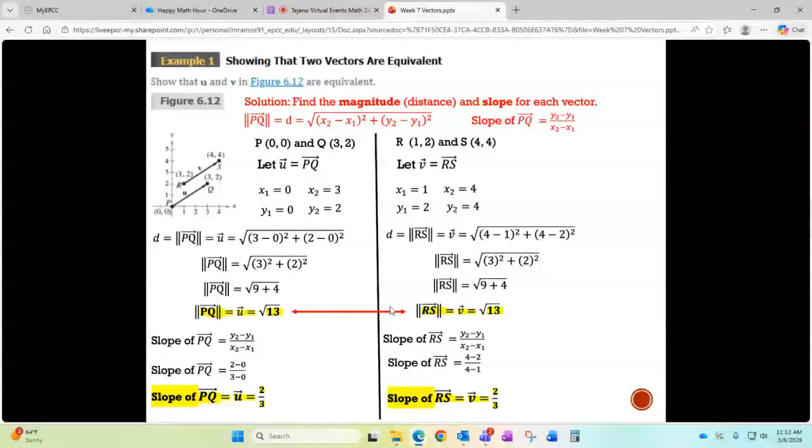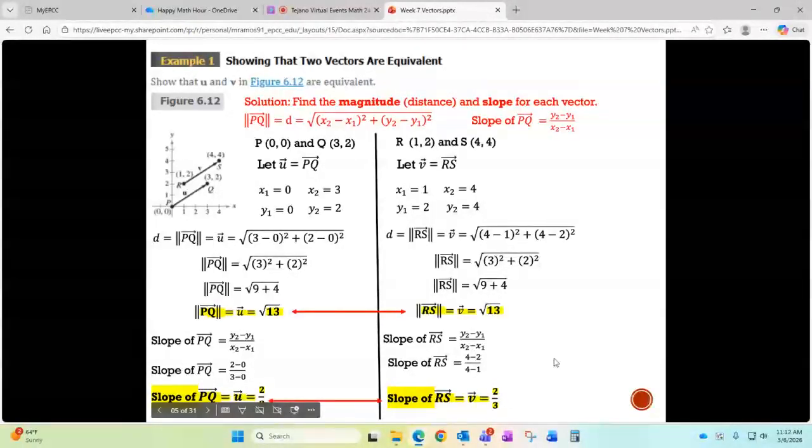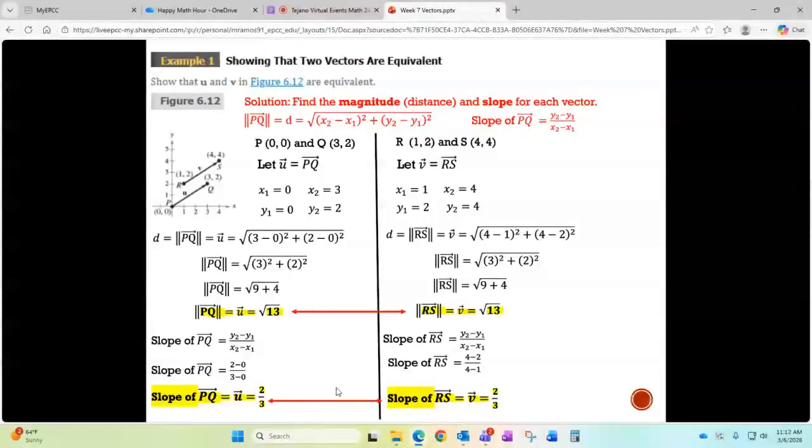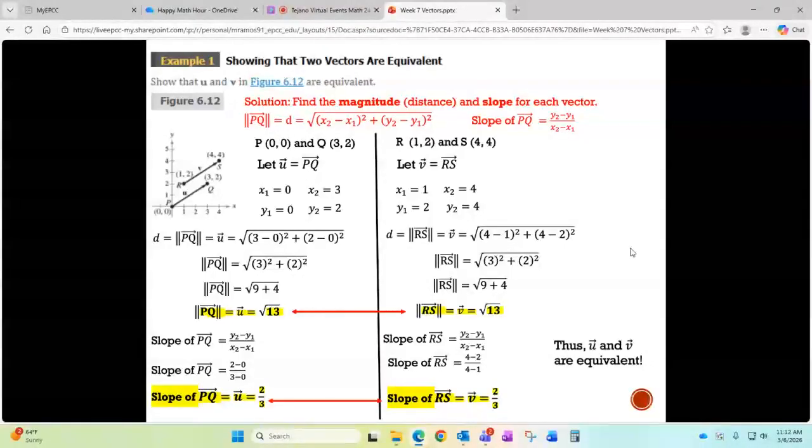Because they have the same magnitudes, or the same distance, square root of 13, and looking at the slopes, they have the same slope values, 2/3 for both. That's how we know that these vectors are equivalent. If they had the same length but not the same slope, or the same slope but not the same distance, then they wouldn't be equivalent. These both have to match. But since they do, these two vectors are equivalent.